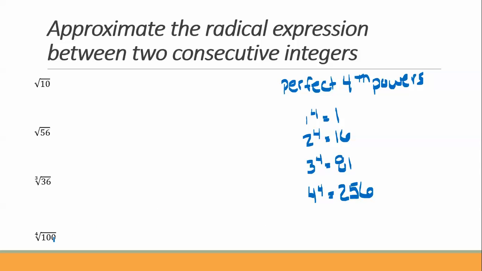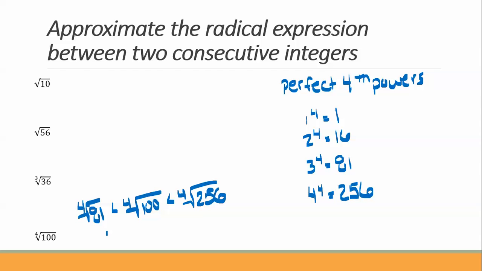So 100 is between 81 and 256. So the fourth root of 81 is less than the fourth root of 100, which is less than the fourth root of 256.